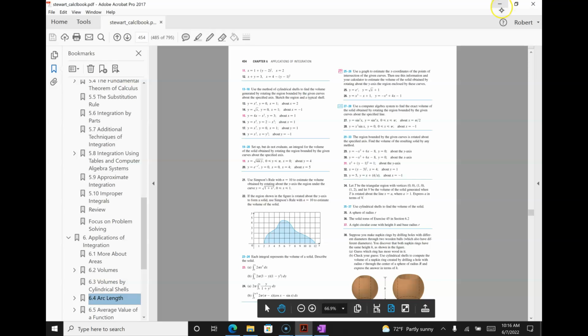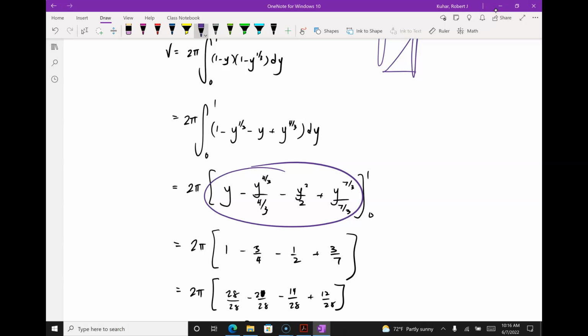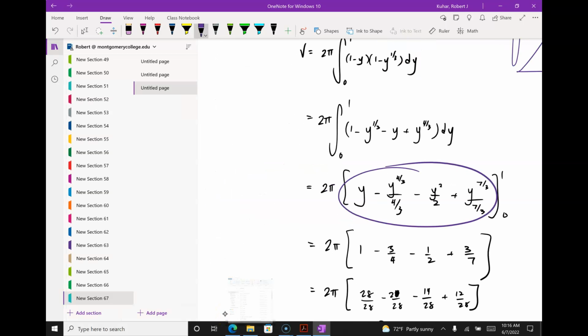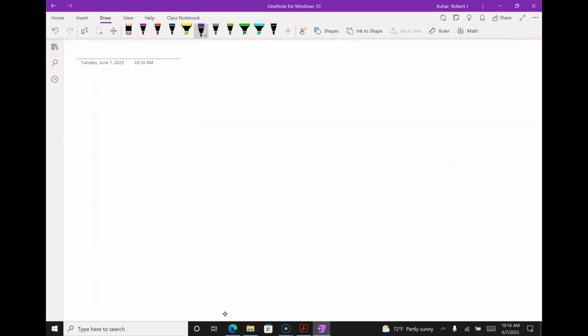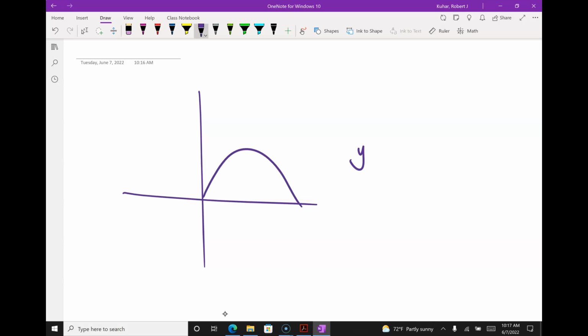Let's do one more. I like one with by parts. So let's just take sine of x, right? And we did this one before. I'm going to rotate it around the y-axis.